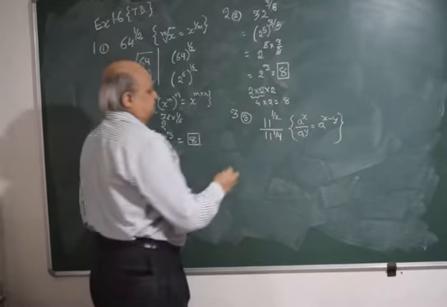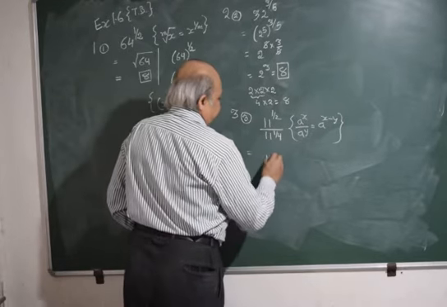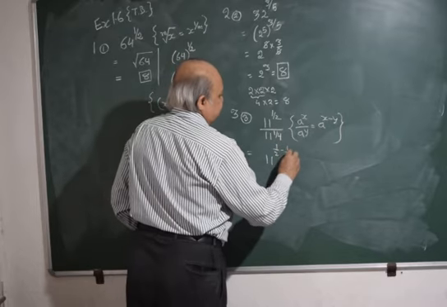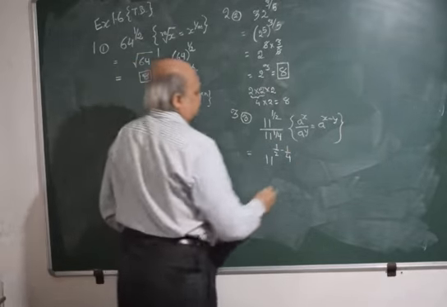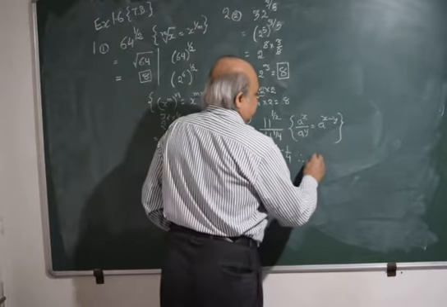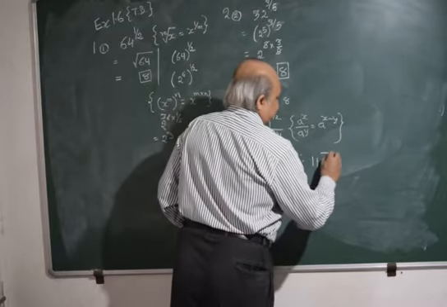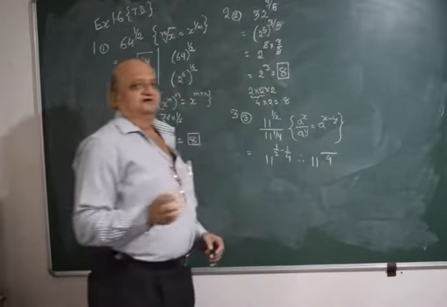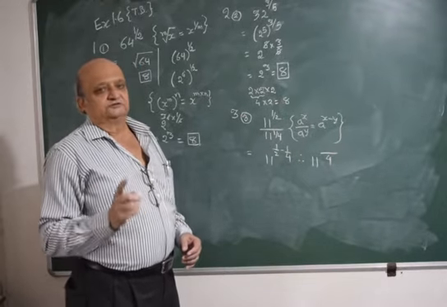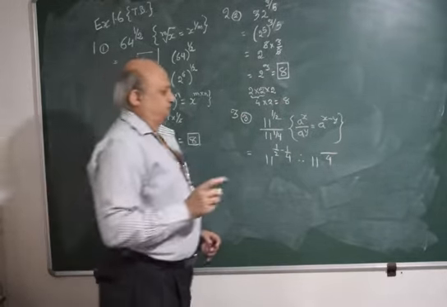We use this law: 1 upon 2 minus 1 upon 4. The LCM will be 4. Remember, whenever you are adding or subtracting fractions, don't do it blindly, take LCM and do it.